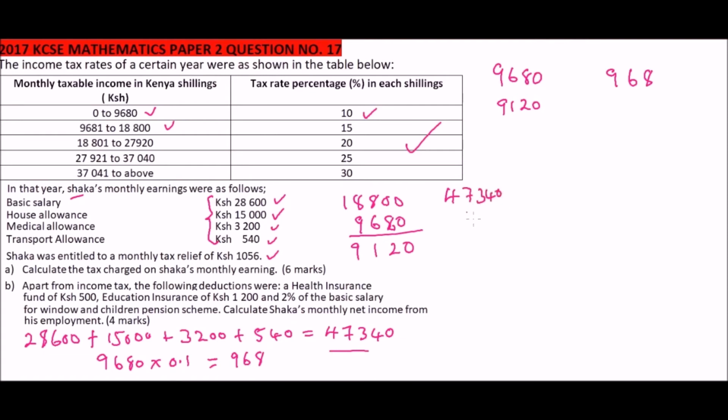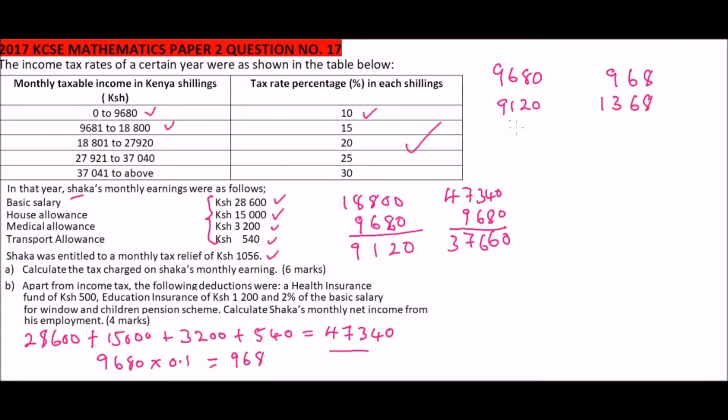So we subtract the first bracket, which is 9,680, and when you subtract that, you get 37,660. Here the percentage is 15%. 15% of 9,120, using your calculator, is 1,368.